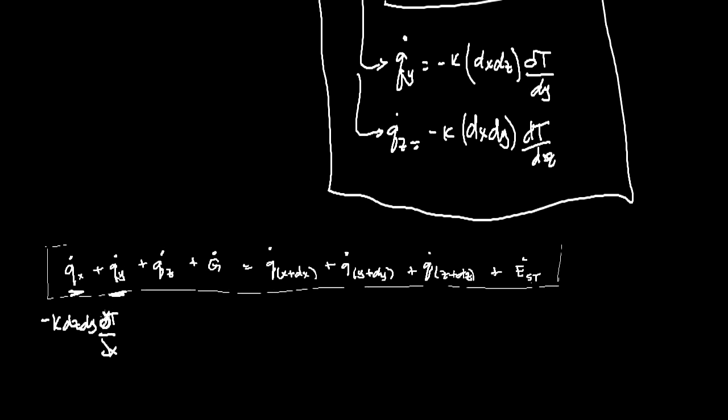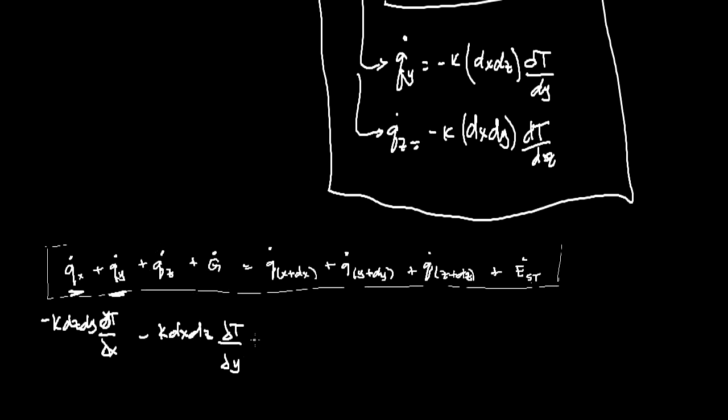Let me take the partial derivative, since we are talking about the individual derivatives in the x, y, and z directions. So we have negative k dz dy, partial derivative of T with respect to x. And for y and z, we have negative k dx dz, dT over dy.